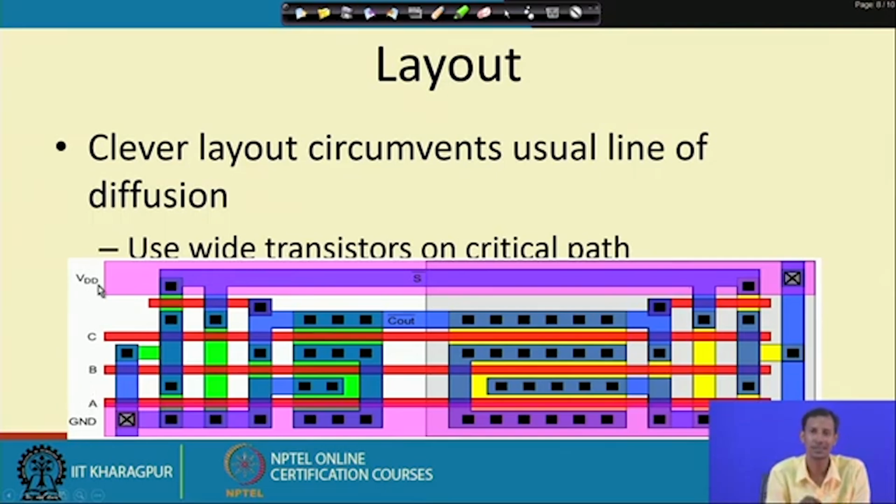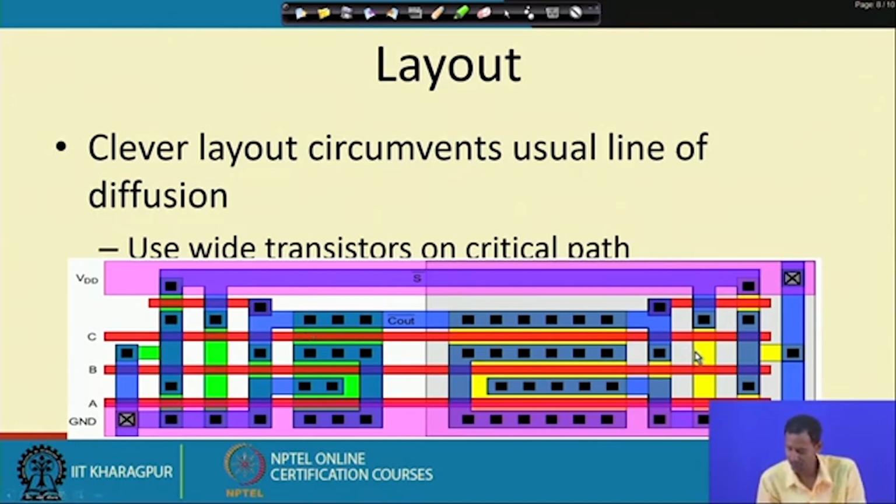VDD is connected to the supply voltage, and ground is connected to 0 voltage. Then A, B, C are the inputs connected over here. The black dots are the connections between the layers, which are the vias.